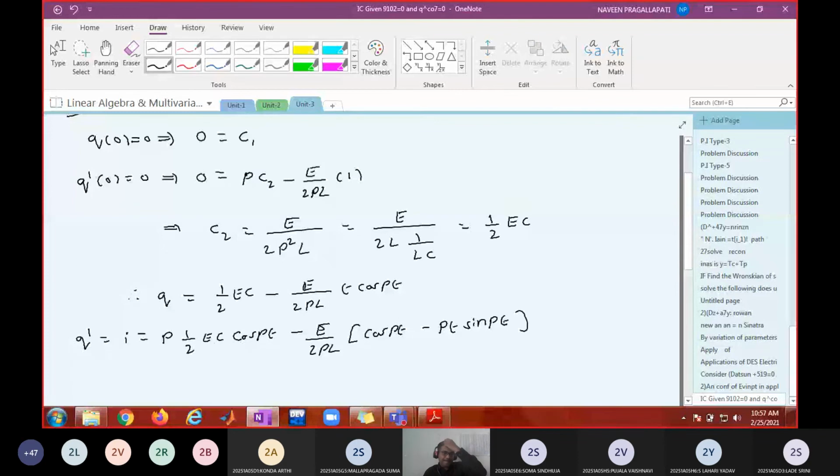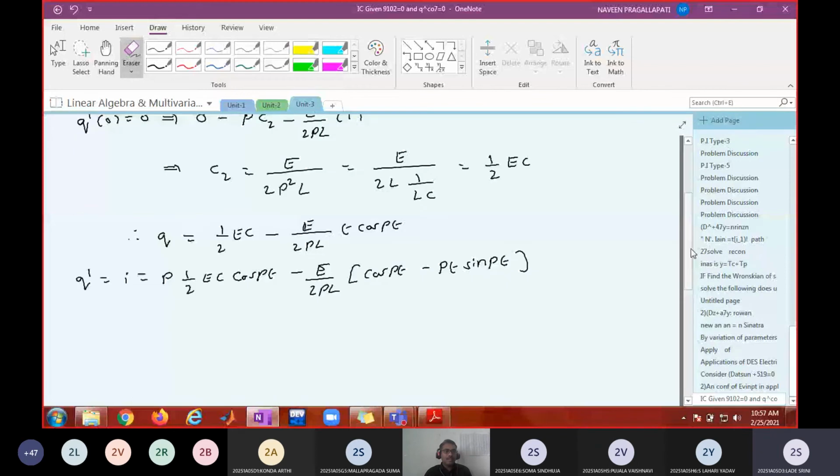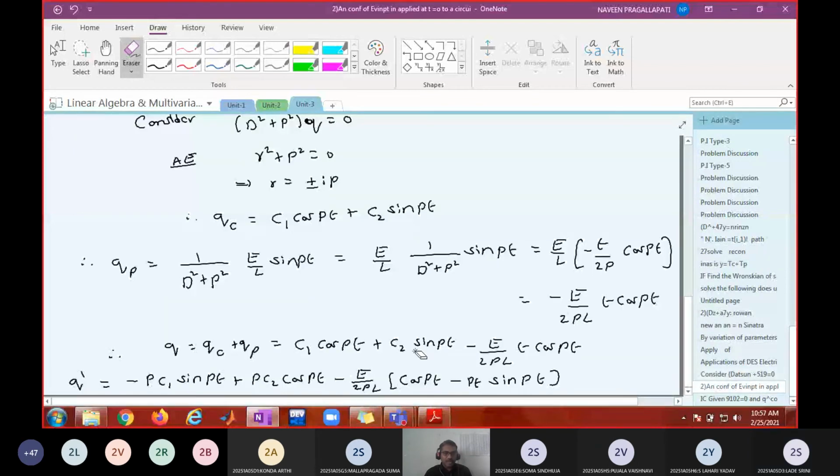Can you simplify this further? Or shall we write as it is, 1 by 2p square? If I write as it is, p p gets cancelled, I guess, here. This can also be written as E by 2p square L. If I write as it is, tell me. Q is equal to 1 by 2 EC sin pt. I agree.